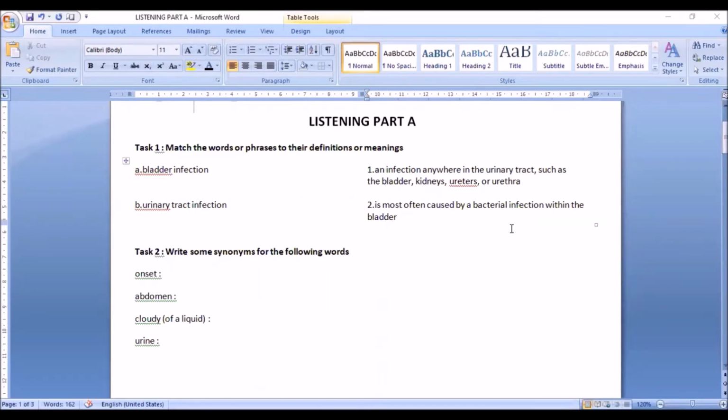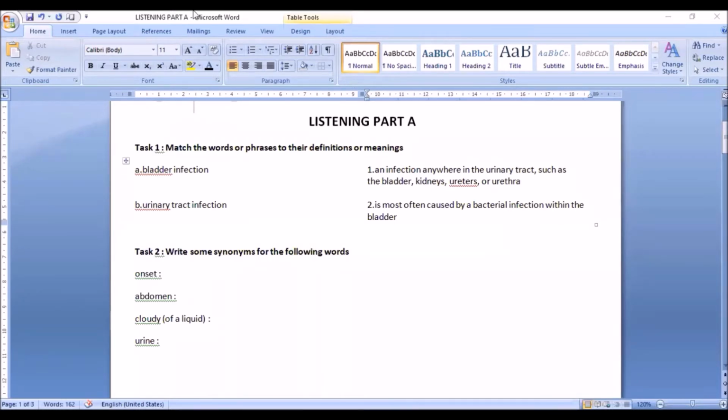A bladder infection and a urinary tract infection. Which one is which? Two of the three answers are correct.